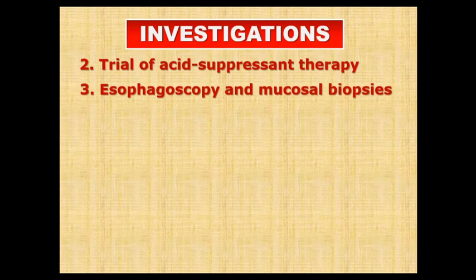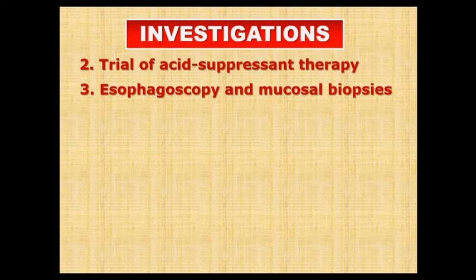The third is esophagoscopy and mucosal biopsy. These are useful for evaluation of mucosal injury secondary to gastroesophageal reflux. You remember the complications like Barrett esophagus, stricture, or erosive esophagitis.